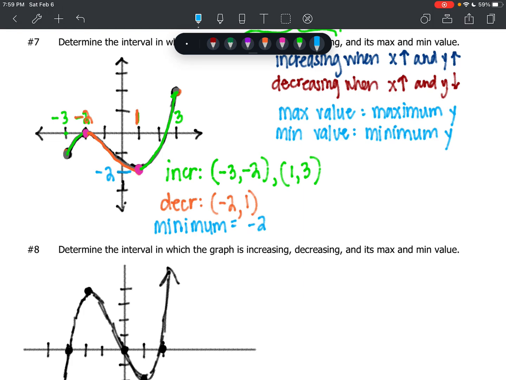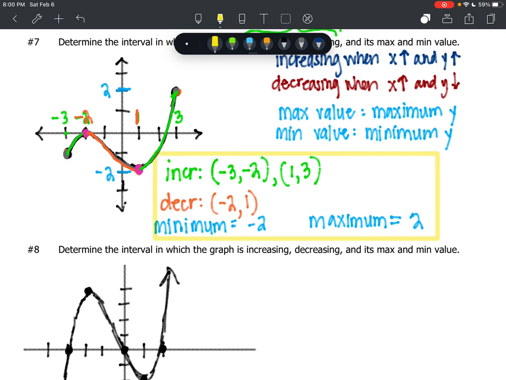And the maximum y value is equal to +2. So that's everything we have to say about that problem right there. Let's highlight it. I think that's what they want us to find, the max, the min, the increasing and decreasing intervals.